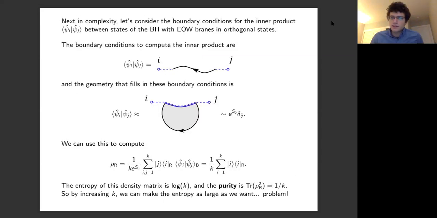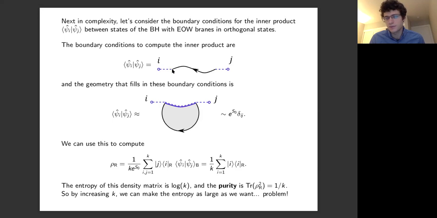So, continuing along those lines, let's try to compute the next simplest thing, which are the boundary conditions for an inner product of 2 different states. So between states of the black hole in which the end of the world brane is in 2 different states, I and J. The boundary conditions look like this. It's similar to what we had before, but this blue dot here has an index I associated to it.